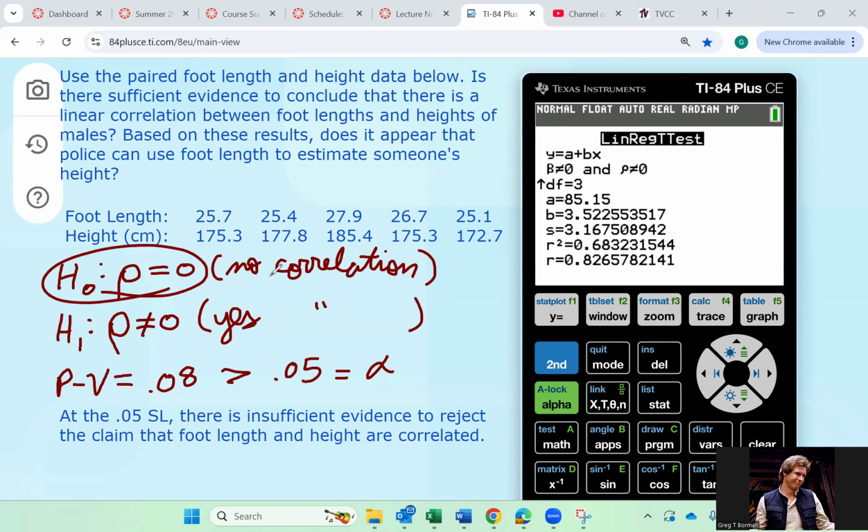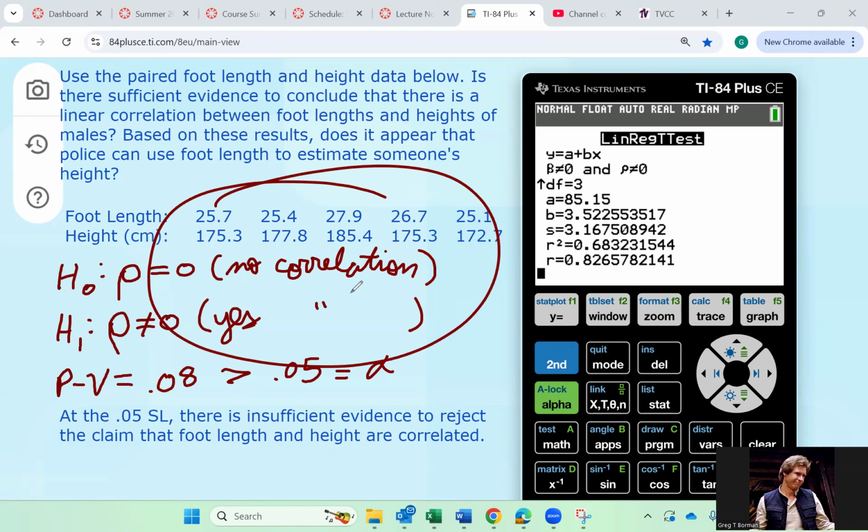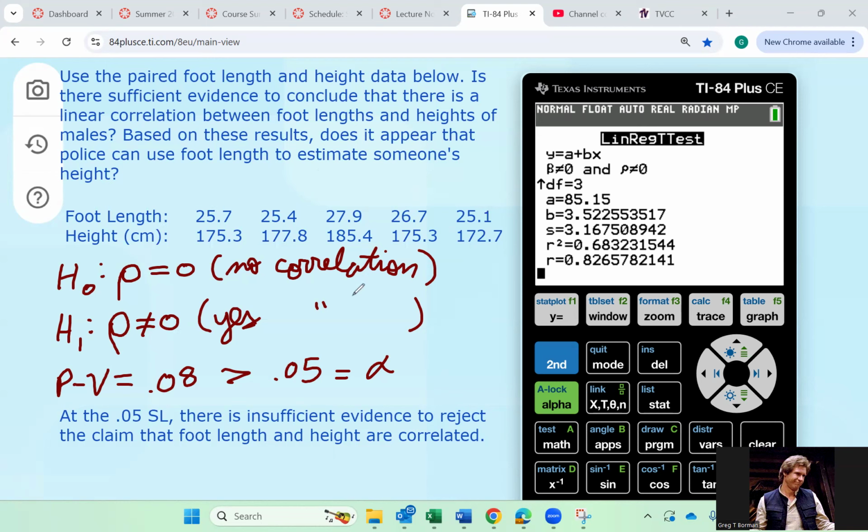So if the prosecuting attorney comes in and says, we found these footprints and it measures up pretty close with the height of the defendant, so I think we found our defendant, then the defense attorney will say, I don't think so, because I've got this statistical study saying there's no correlation.